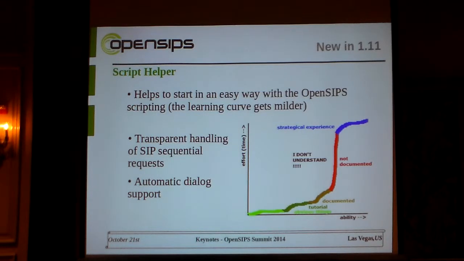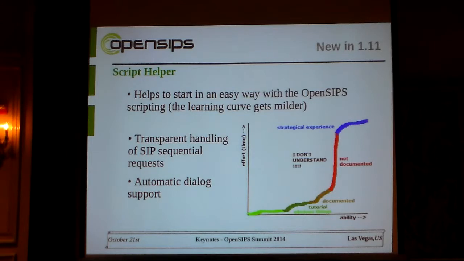You have to start by understanding SIP in detail, at messaging level, transaction level, dialog level, and so on. And then you have to move on to understanding OpenSIPS itself, how it works, how to do routing, and what the routes are good for, and so on.